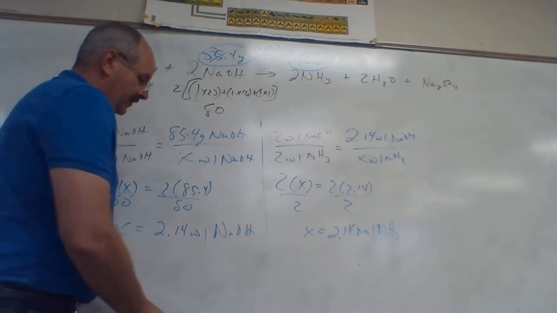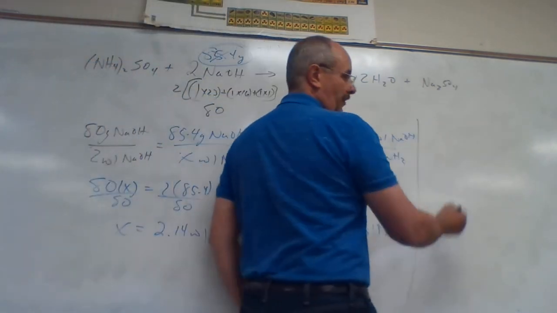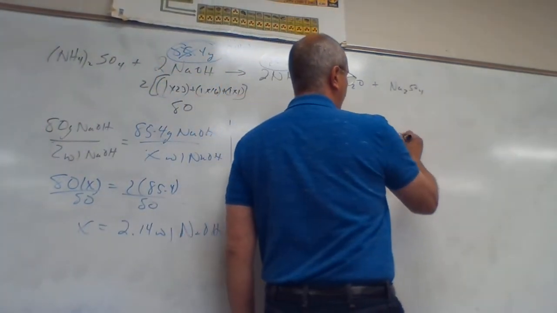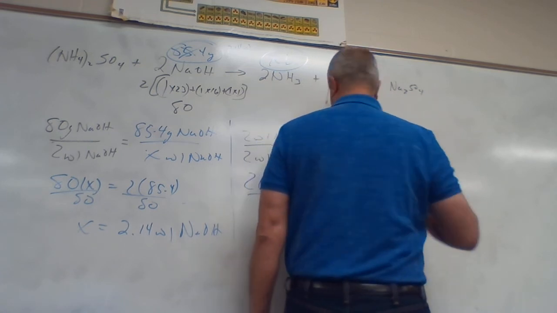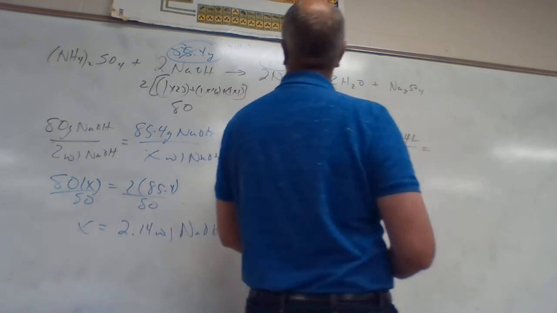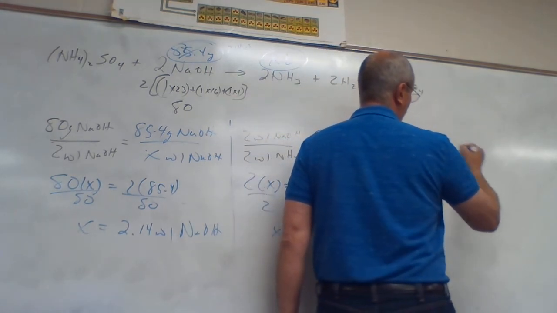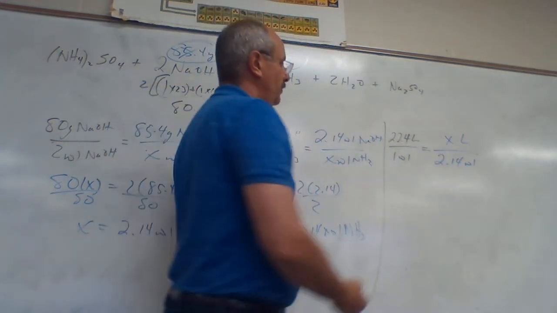All right, so now what we have to do is change this number of moles into liters. So that means I turn this just a little bit. 22.4 liters is 1 mole, equals, well, I actually have 2.14 moles, and I want to find X liters. So from there, cross multiply.